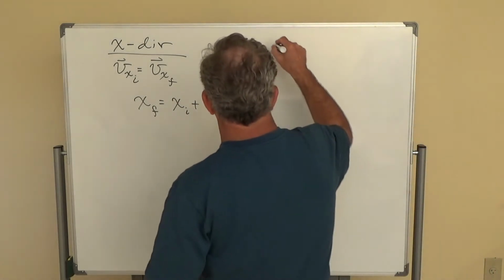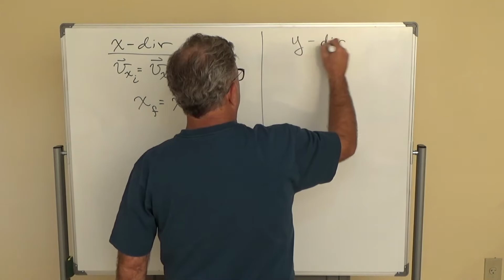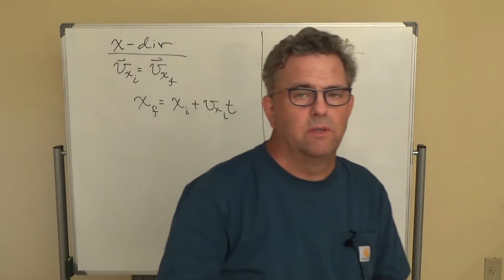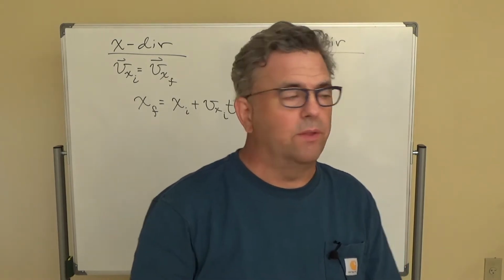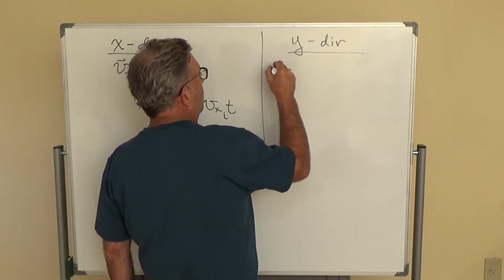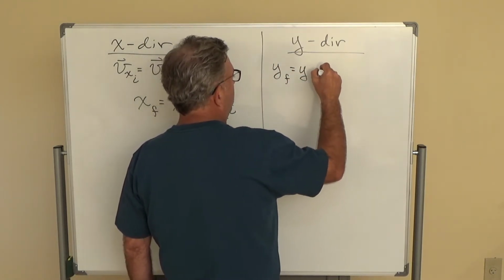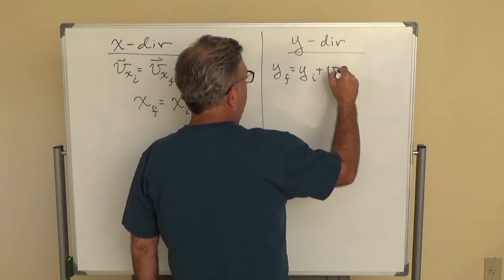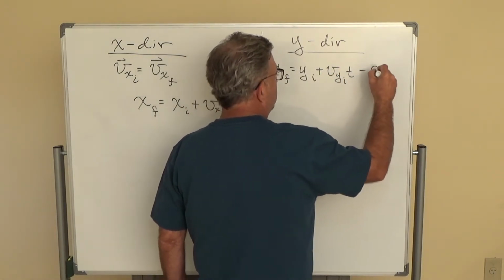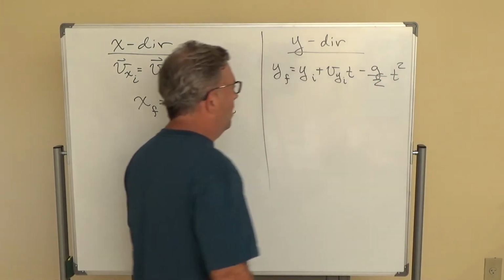In the y direction, it's just those free fall equations that we've already dealt with. So in the y direction, we have that y final is equal to y initial plus Vy initial t minus g over 2 t squared.